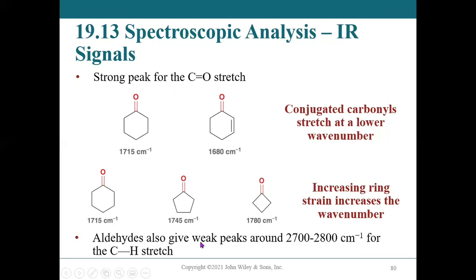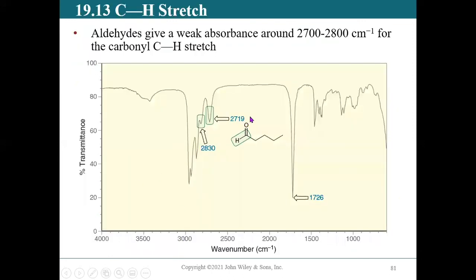Aldehydes also give a weak peak around 2700 to 2800 cm⁻¹ for the C-H stretching. And here is an example of an IR spectrum. For this aldehyde, we can assign these two peaks at about 2700 and 2800 to the carbonyl carbon to H bond stretch. And this signal here will be the C=O double bond stretch.